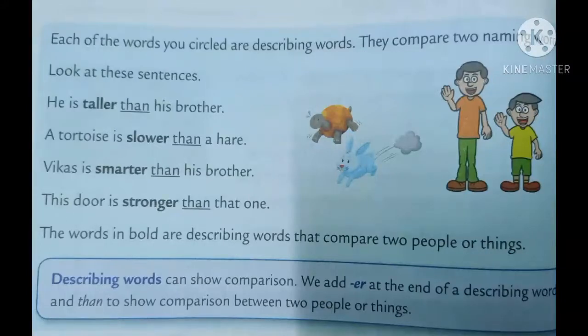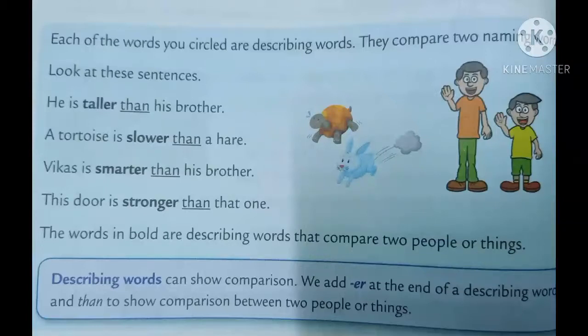Okay, so what do we understand through this? We understand describing words can show comparison. We add er at the end of a describing word to show comparison between two people or things. Taller, er is added. Taller is the describing word.